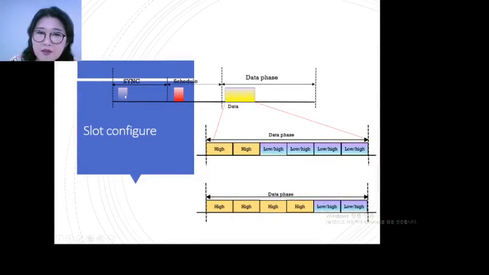The transmission frame has a sync schedule and a data phase, and the data phase has a mixed high and low data phase, and the slot configuration is by priority: low, normal, and high priority.